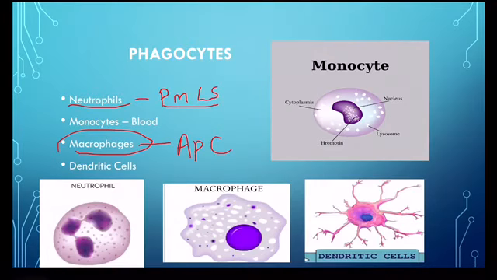Now the last one is the dendritic cells. They were first described by Ralph Steinman in 1970, and he received the Nobel Prize for it. These cells contain long membranous extensions and resemble the structure of neurons, so they are named dendritic cells.